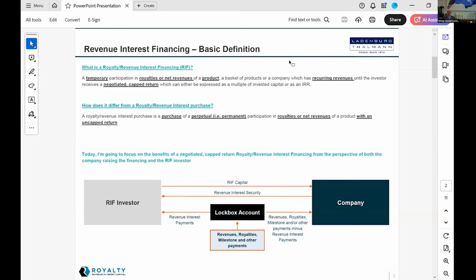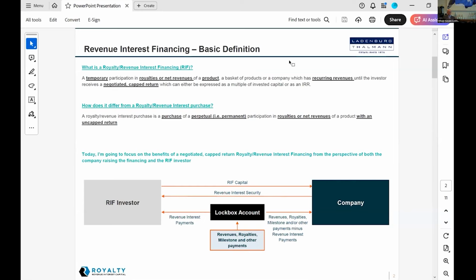Just quickly, the difference between a royalty and a revenue interest. A royalty exists when the creator of a product, like a development stage R&D company, develops a product, goes through clinical trials, gets it approved by the FDA, then licenses it to Merck, Glaxo, or Pfizer. Pfizer pays them a royalty as a percentage of sales, and this financing is available on the royalties that the licensor receives.